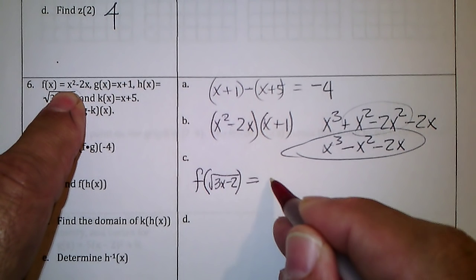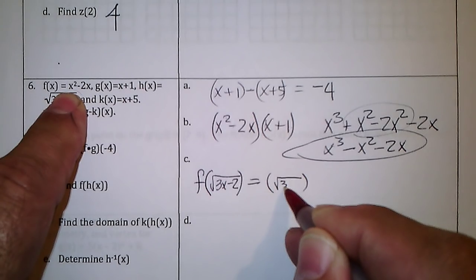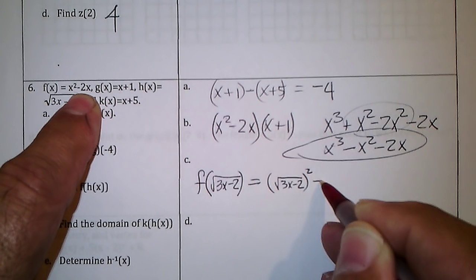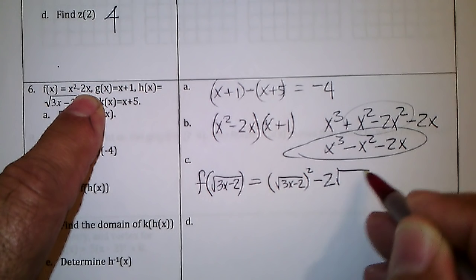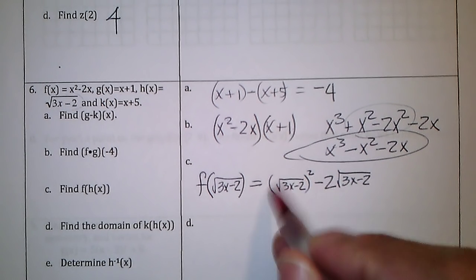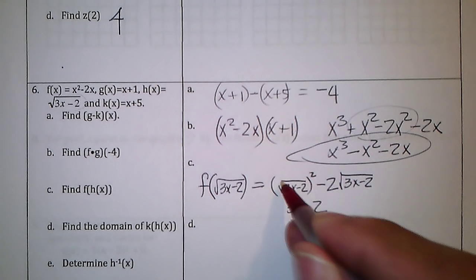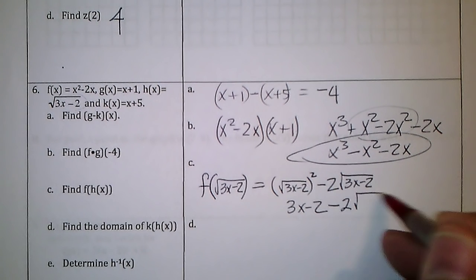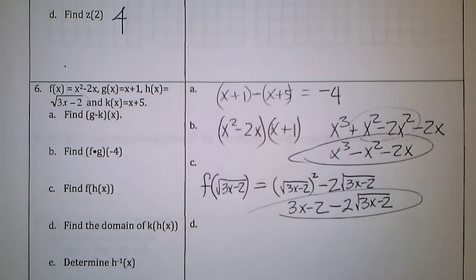So x is going to be replaced by the square root of 3x minus 2, and then we're going to square that. Then we go minus 2, and in place of that x, we also put the square root of 3x minus 2. Now that squared is 3x minus 2, because the square gets rid of the square root, but we can't do anything with this. So there's our answer.